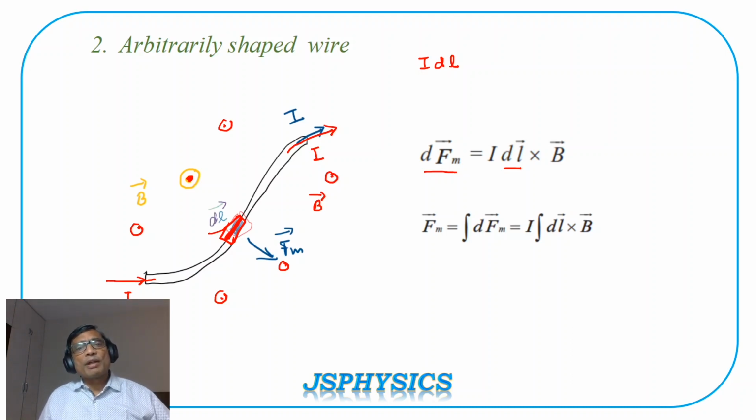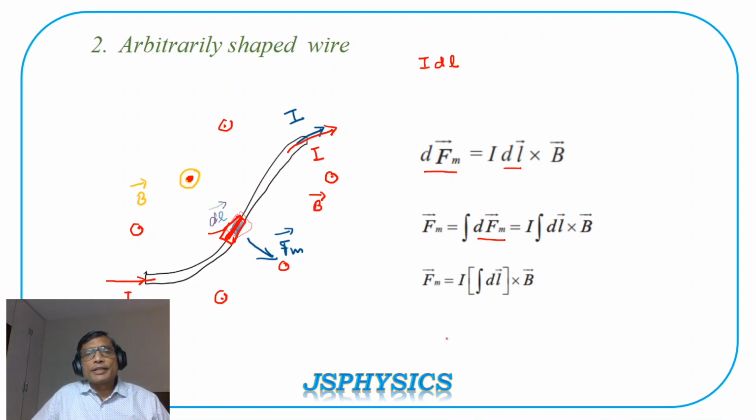When we integrate, that means we are adding the force due to each small element, and that's why the total force is given by integration of the small force, that is dFm, which can be written as I into dl cross B. So the force on this conductor is given by I into integration dl cross B. That is how we can find the force acting on a conductor of arbitrary shape by using such a method.